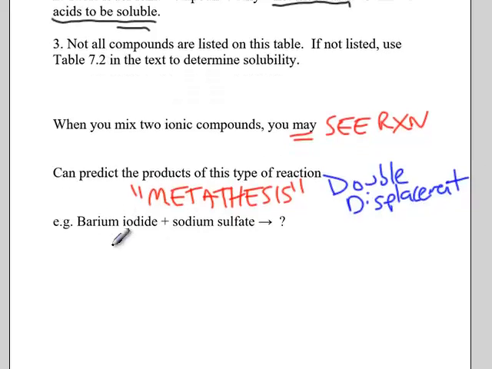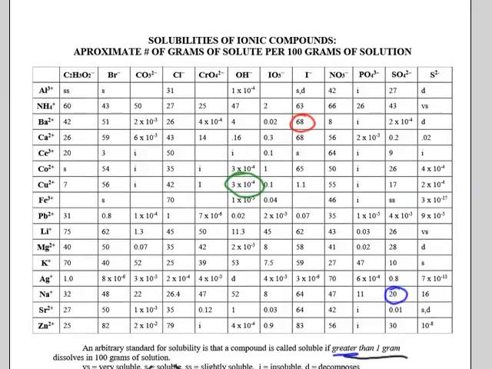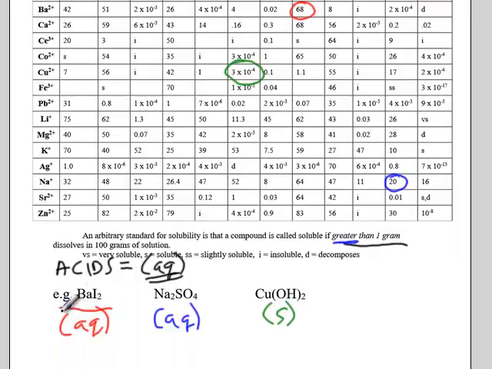So for example, the two chemicals that we looked at with the solubility table in the previous video, barium iodide and sodium sulfate. We know barium iodide, BaI2, and when we looked up the value in the table, barium iodide was aqueous, that was the 68.